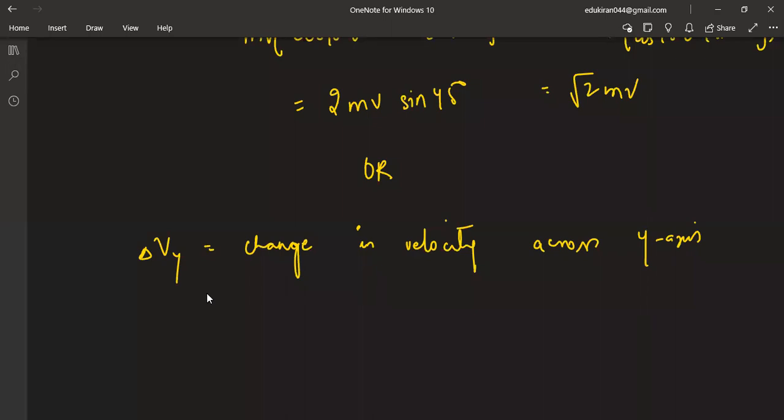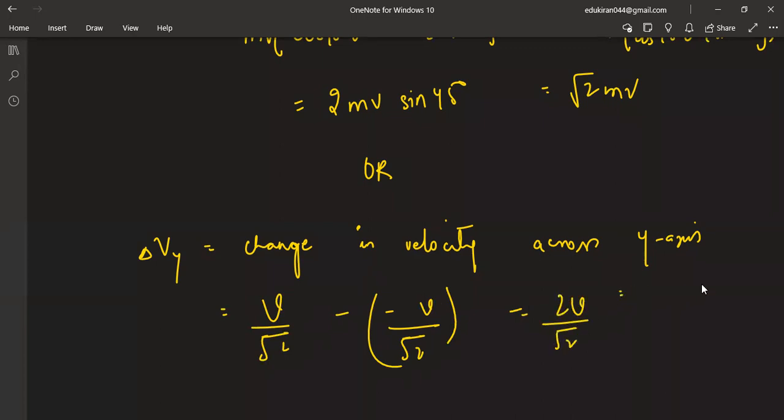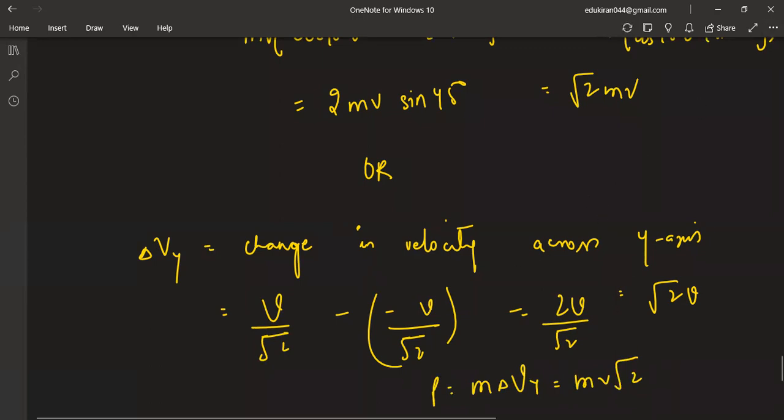If you write it as cos 45 and sine 45, same thing. So v by root 2, and that time you will write minus v by root 2, because this is the change that occurs. So this becomes 2v by root 2, or you can write it as root 2 v also. Change in momentum will be m times change in velocity, that is mv root 2. Same thing, you will get it. But it's better if you resolve it.